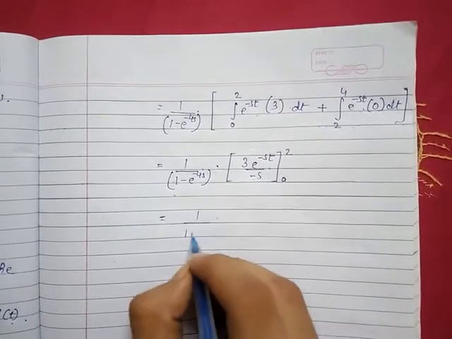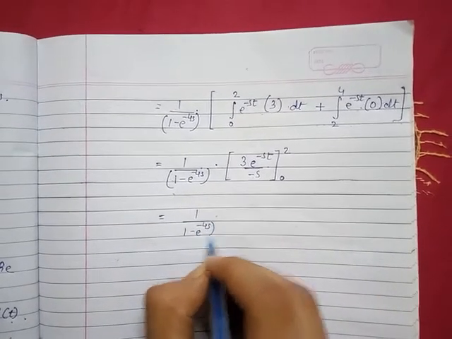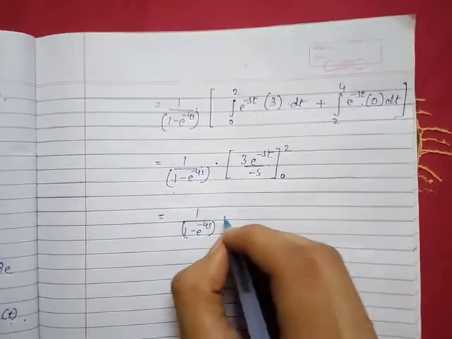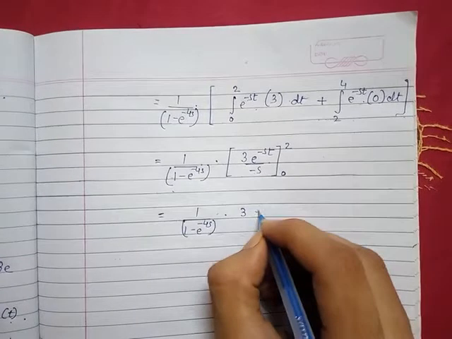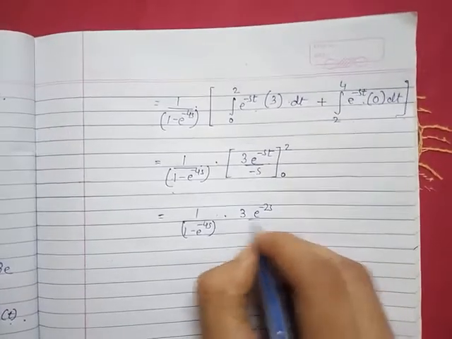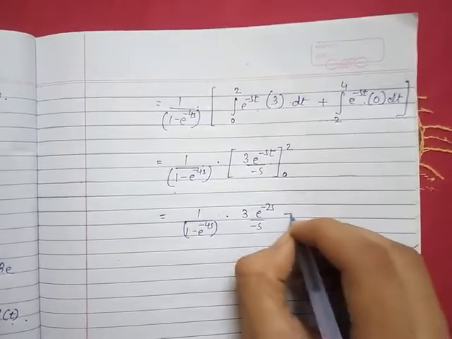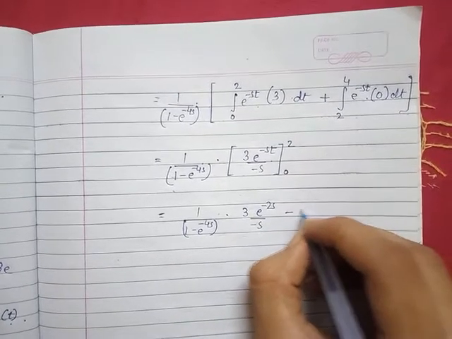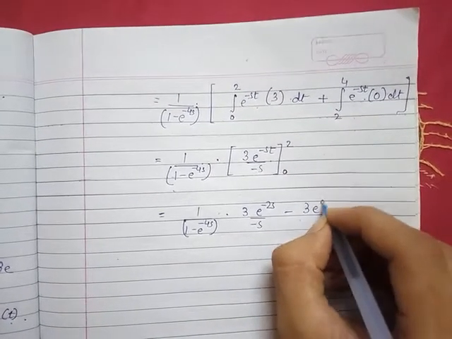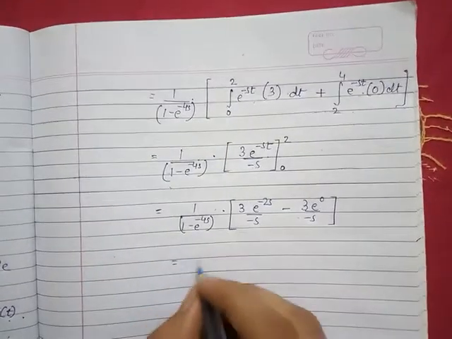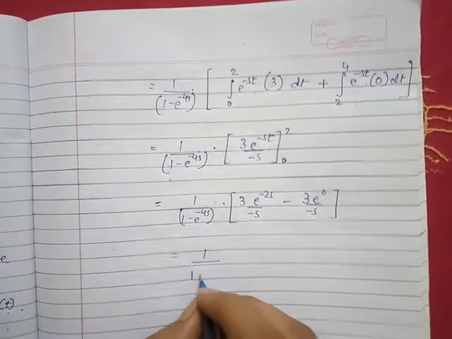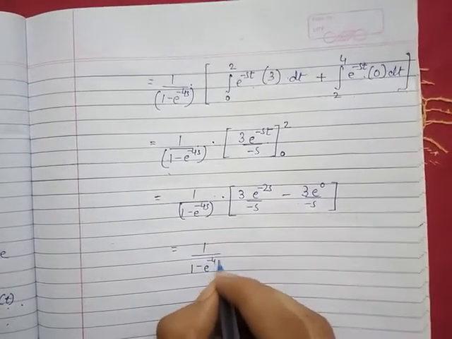This will be 1 upon 1 minus e raised to minus 4s, times 3 e raised to minus 2s upon minus s, minus 3 e raised to 0 upon minus s. This will be 1 upon 1 minus e raised to minus 4s.